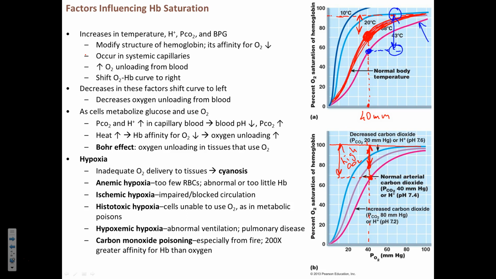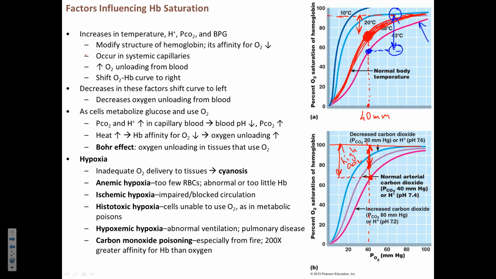What are the 2 points in respiration, external and internal, that we really care about? Lungs and tissue. What happens in tissue? And let's talk about metabolically active tissue. During metabolism, what happens to oxygen?